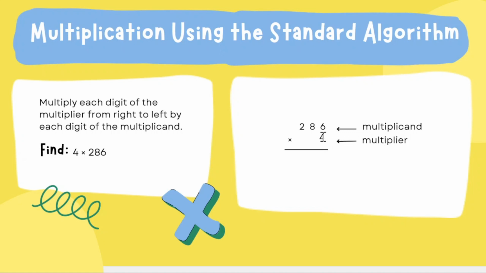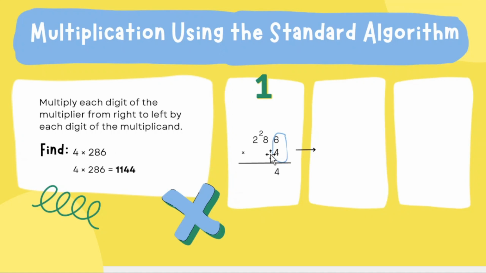We use 4 to multiply each of the digits, starting from the units. 4 times 6 is 24. We don't write 24, we write 4, and we carry the 2 to the next stage. That's why we have the 2 here.